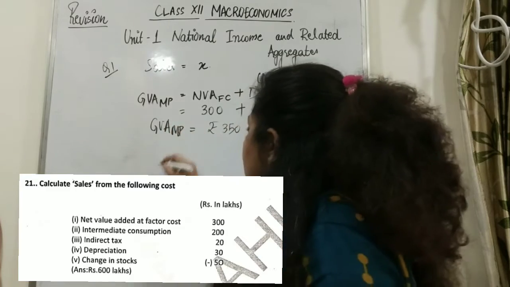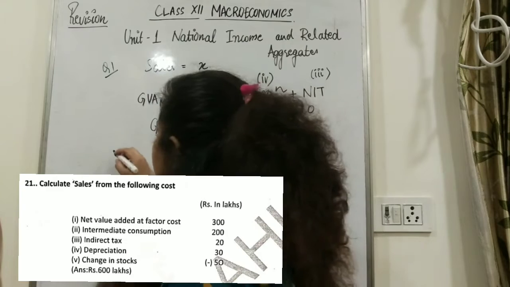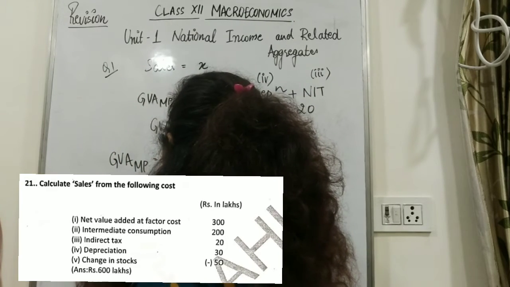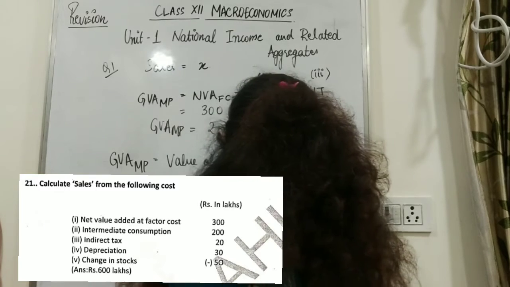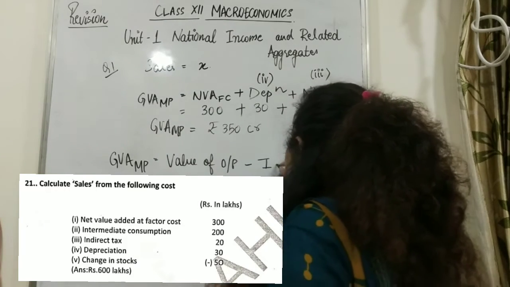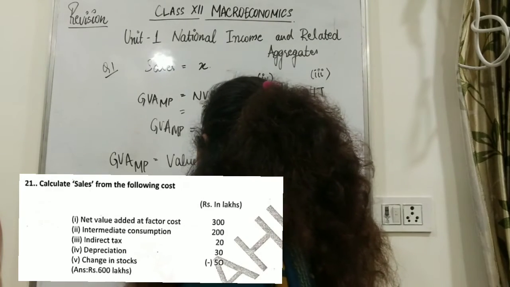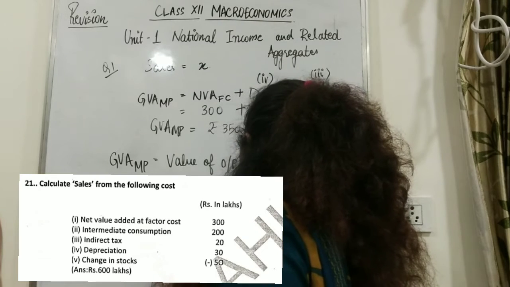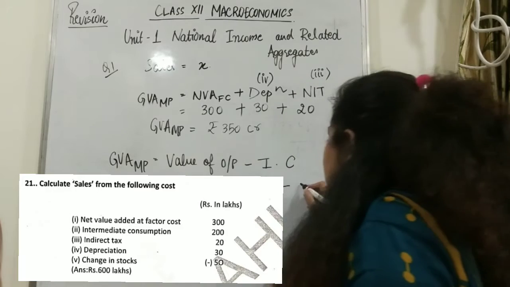Now we want sales, so we use the formula of GVAMP. From the production method we know GVAMP is equal to value of output minus intermediate consumption. And we know value of output means sales plus change in stock, minus intermediate consumption.